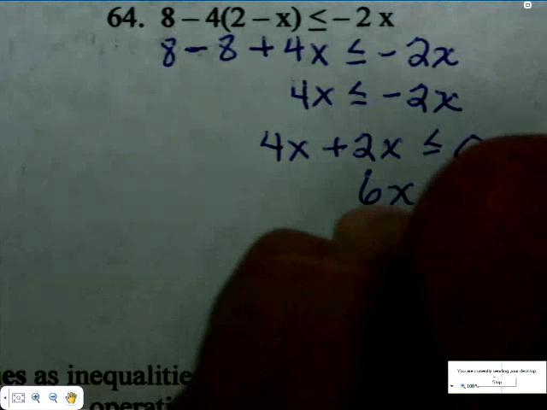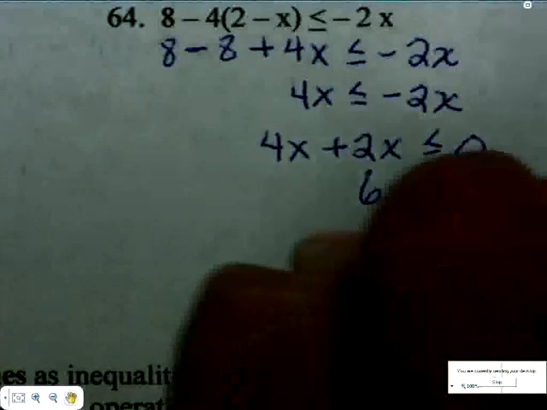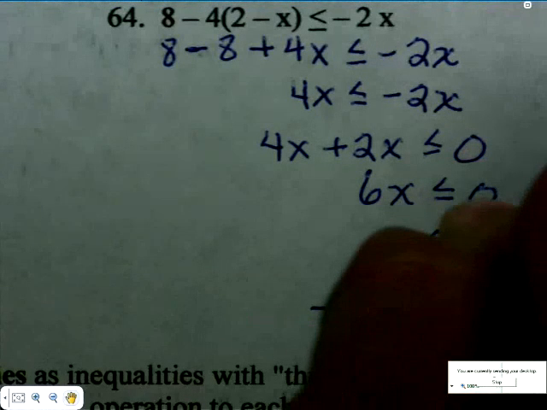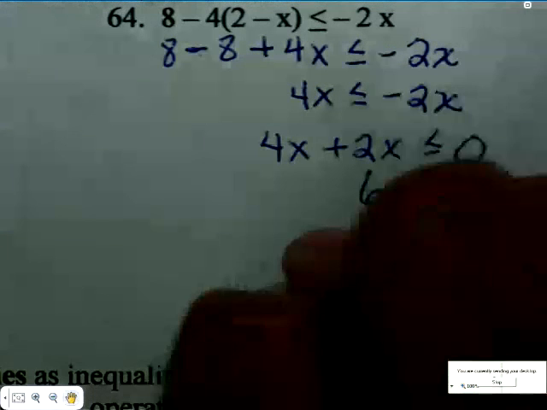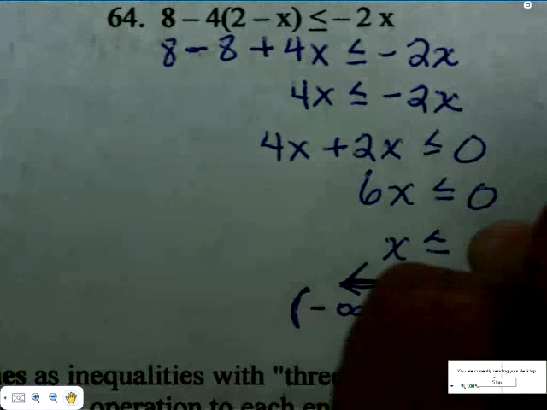So 0 and forever to the left, and the symbol for forever to the left is negative infinity, a bracket on the 0 because that inequality was less than or equal to. And then that's exactly what your interval notation looks like. Parenthesis on negative infinity, bracket on 0.